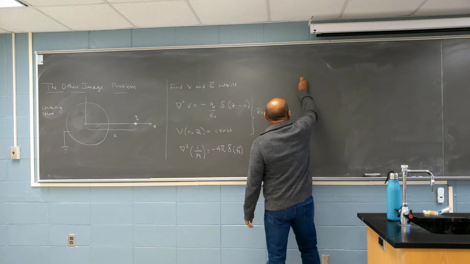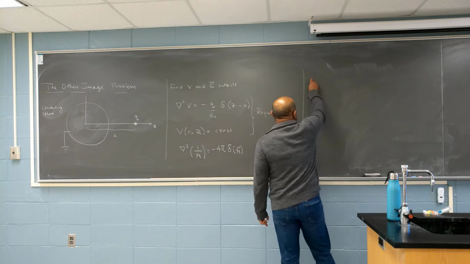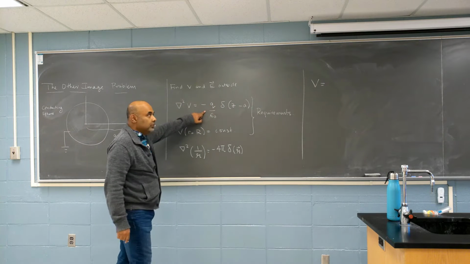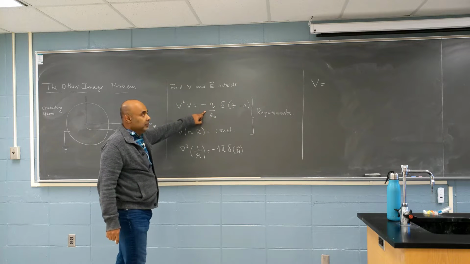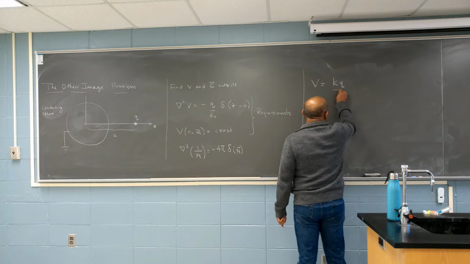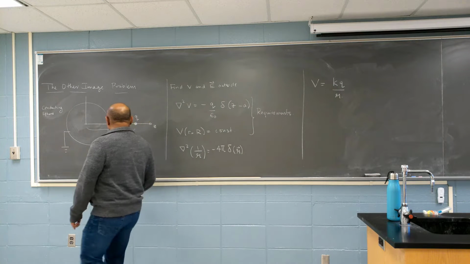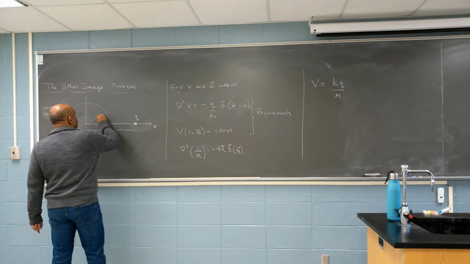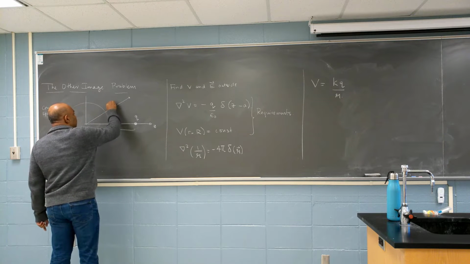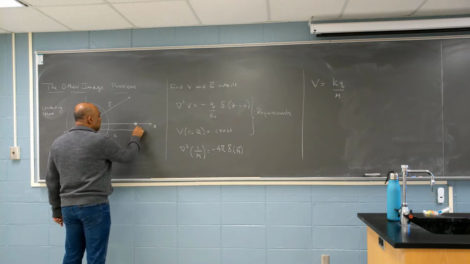Okay, now I know how to satisfy this part. It is k q over r, where at any point r, if I want to know the field, let me write this over here.